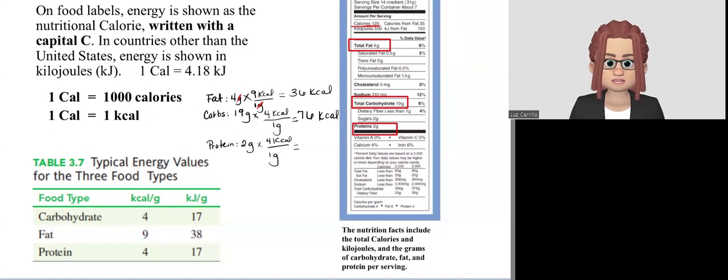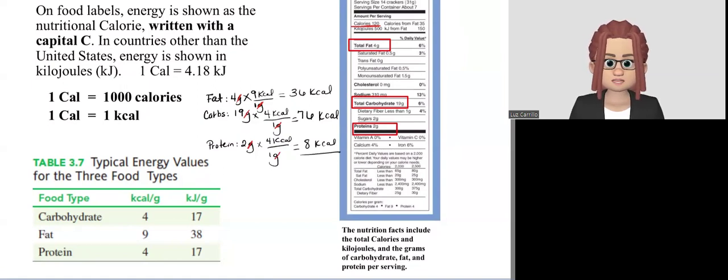Let me be consistent and cancel the units of grams. So protein per serving in this food sample is going to contribute 8 nutritional calories, or in other words, 8 kilocalories.